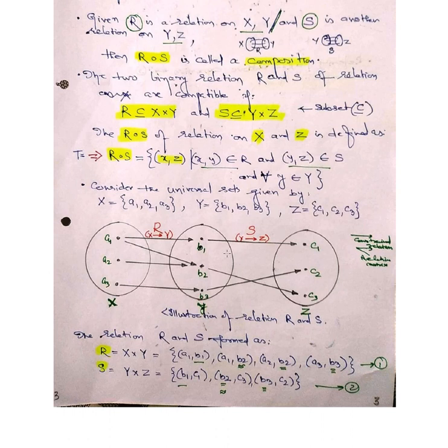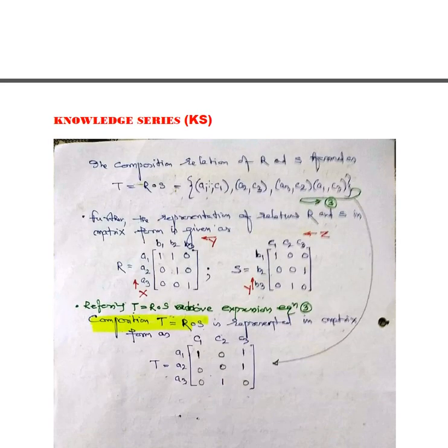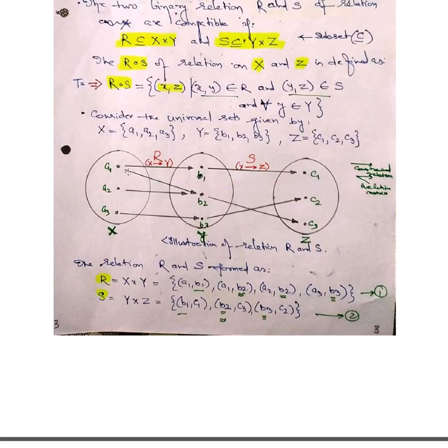Now if you try to create the composition, then you have to take the relations R and S together. The composite relation is nothing but T is equal to R composite S, where you will take into consideration these values. Wherever the arrow starts from A and reaches C, that one you are taking.